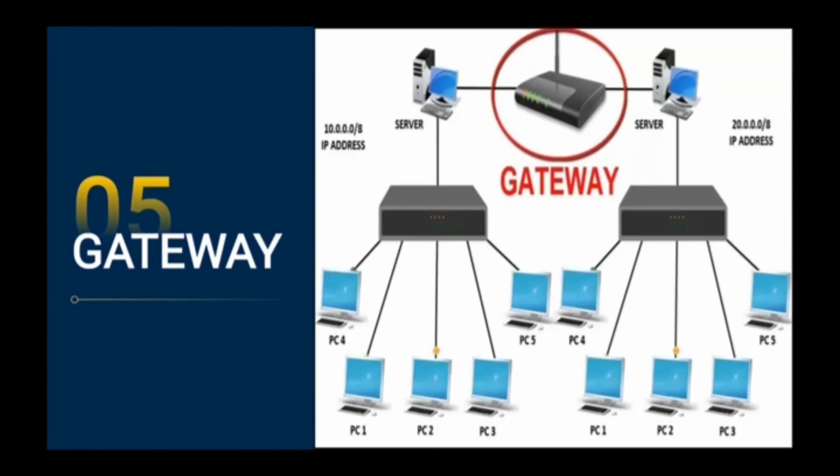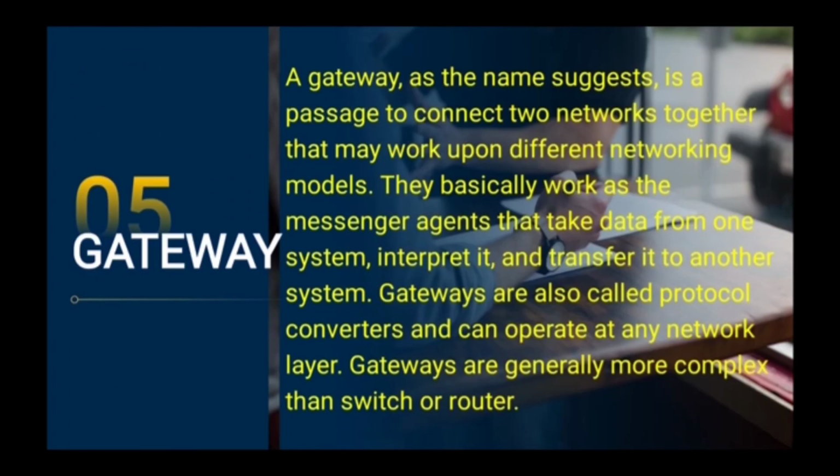Then lastly we have the gateway. What is a gateway? A gateway is somewhat similar to the bridge, but when we need to connect two different networks, we use a gateway. A gateway, as the name suggests, is a passage to connect two different networks together that may not work upon the same networking models.